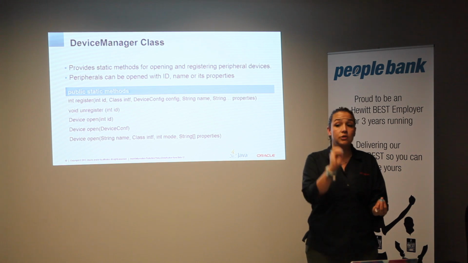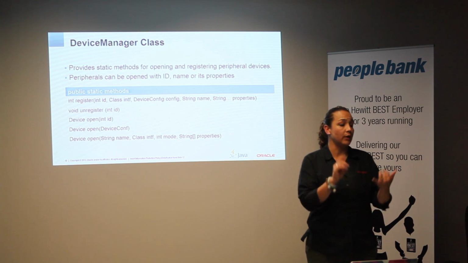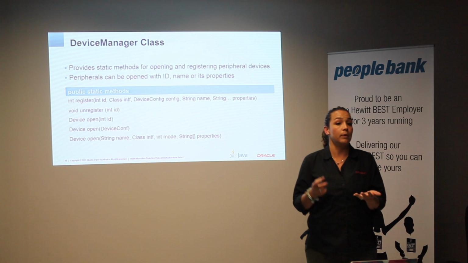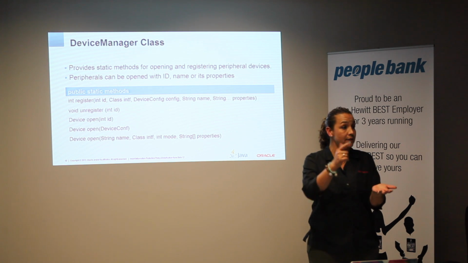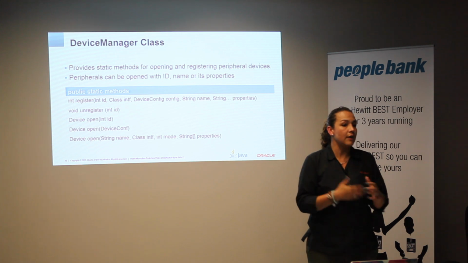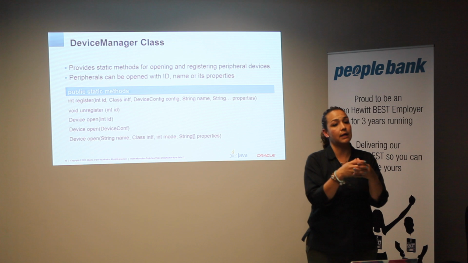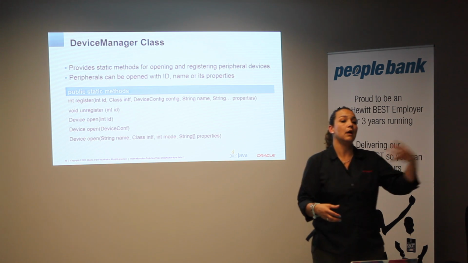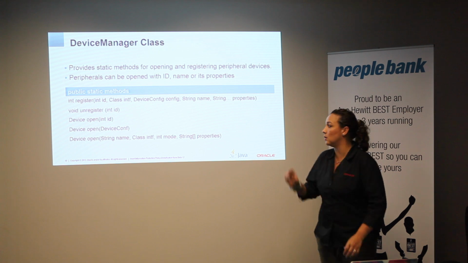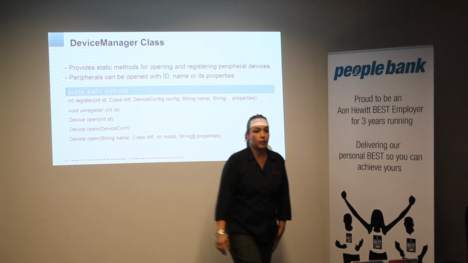But if you need to provide extra information, for example, you're connecting a switch, so this GPIO is for input, I want to listen when you push it and when you release it, I want an initial value of false, things like that, you encapsulate that into a configuration object and give it to the device manager to deal with. So two ways to open a connection: using an ID or a configuration.